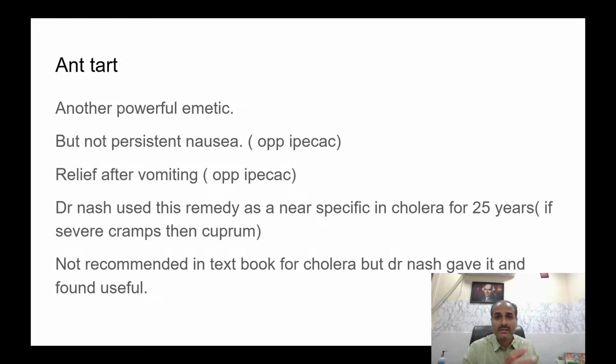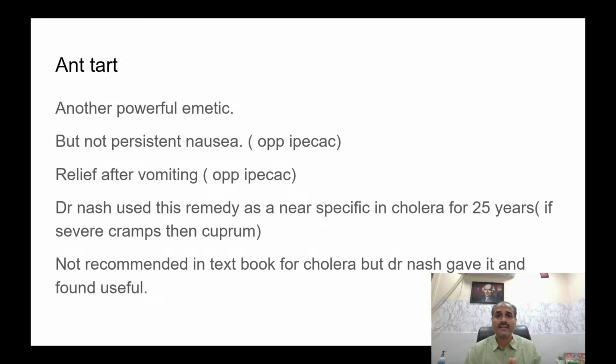He starts antimonium tart by telling us that it is another powerful emetic, but there is not a persistent nausea like Ipecac, and there is also relief from vomiting, as compared to Ipecac, where there is no relief from vomiting. So these are the two major indications in all the patients that you are going to see.